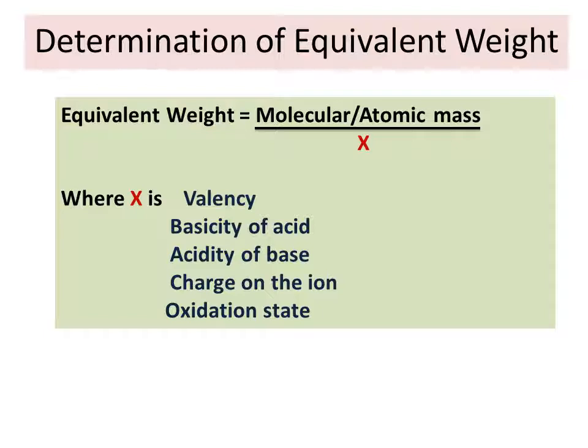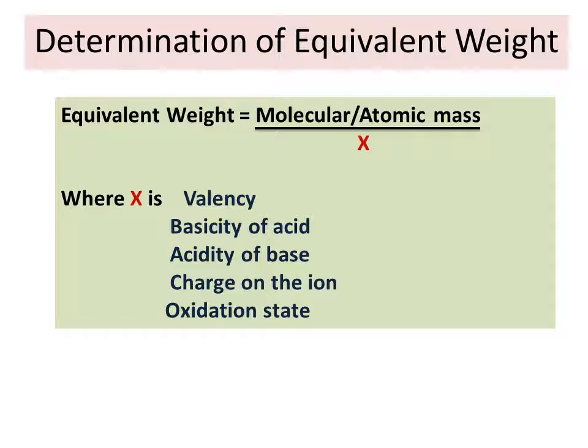X is valency in case of elements, basicity in case of acids, acidity in case of bases, charge present on a particular ion in case of ions, and the oxidation state in case of a particular oxidant or reductant. So this is one general formula that is applicable to all kinds of determinations of equivalent weight.